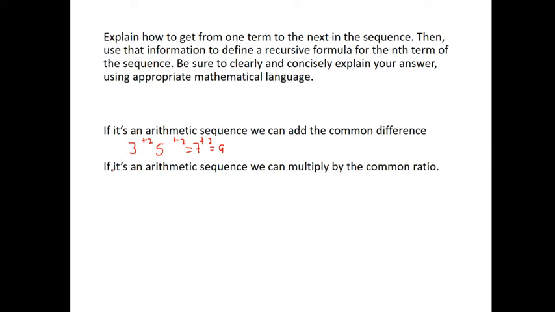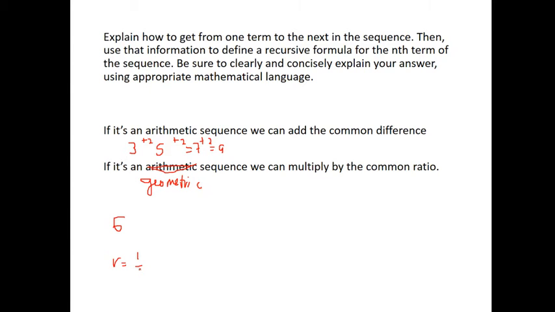Okay. Now this one here, if it's a geometric, it's not arithmetic. I made the typing error. So if it's a geometric sequence, then you can multiply by the common ratio. So like in the previous example, if I had a 6, the common ratio was 1/2.